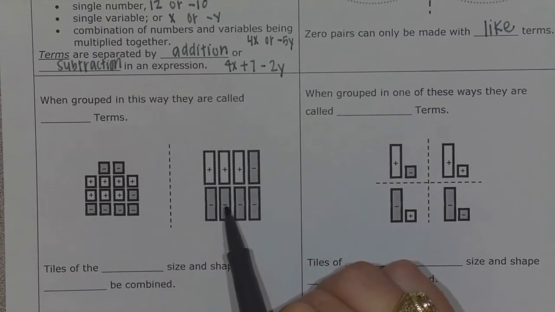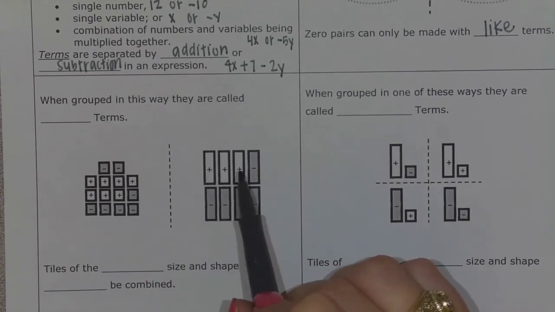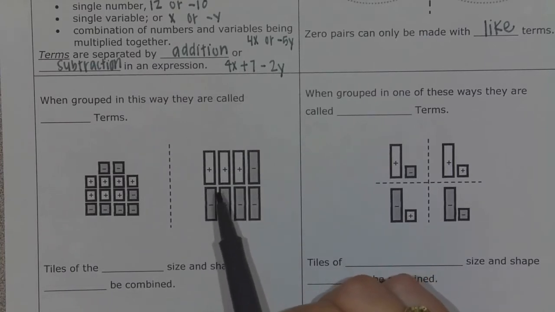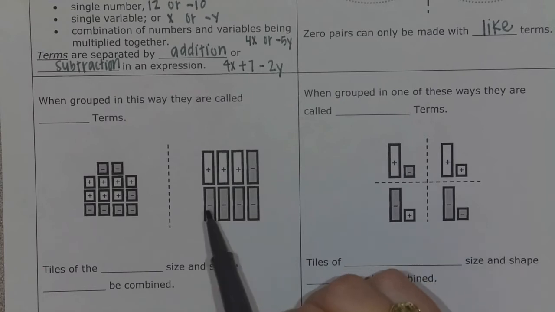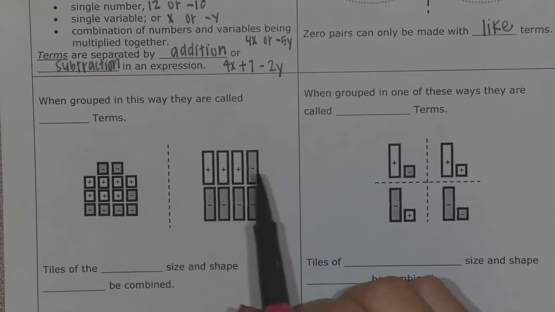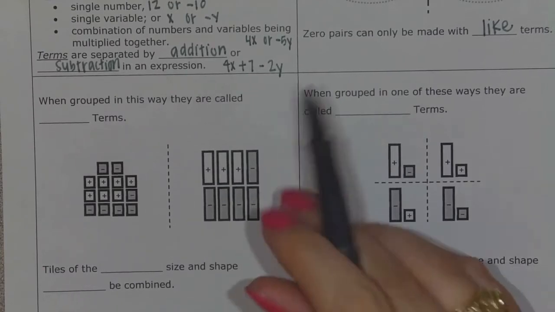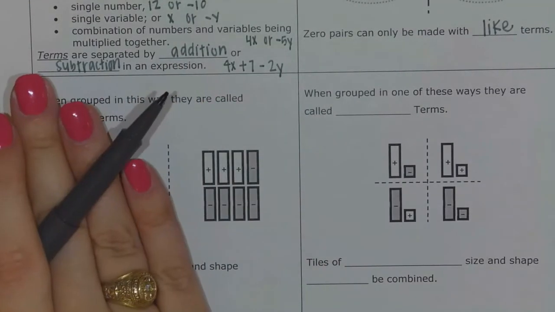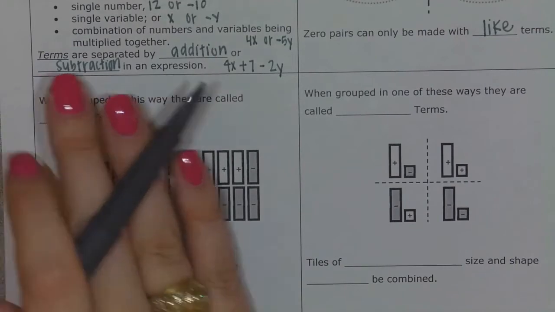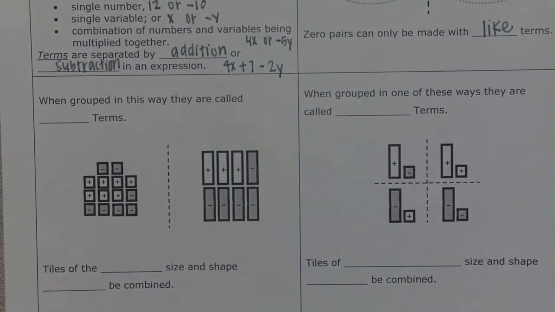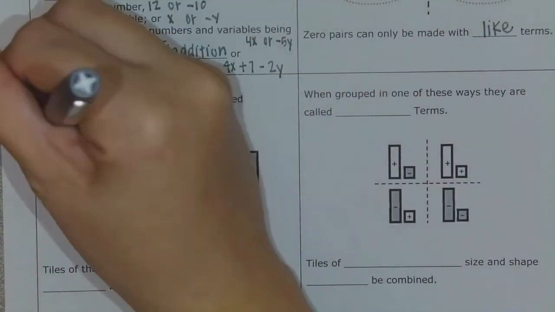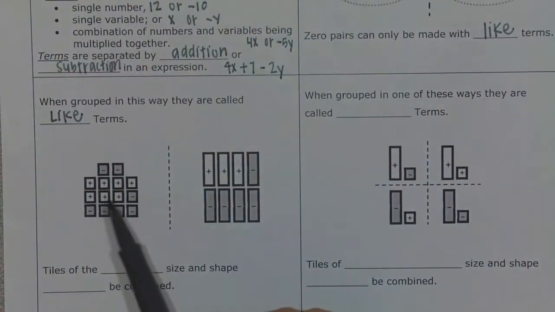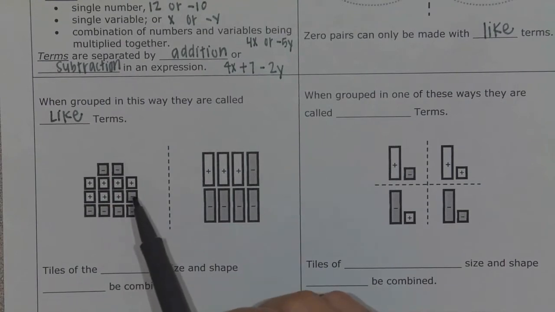Over on the right side, I see that I have some positive X tiles and some negative X tiles. Again, that's okay that some of them are positive and some of them are negative, but the important thing here is they are all X tiles. It's like having all of my M&Ms together on one side and all of my Skittles together on another side. So when we group this, when they're separated from each other, this is what we call having like terms. All of my units are alike each other and they're together.